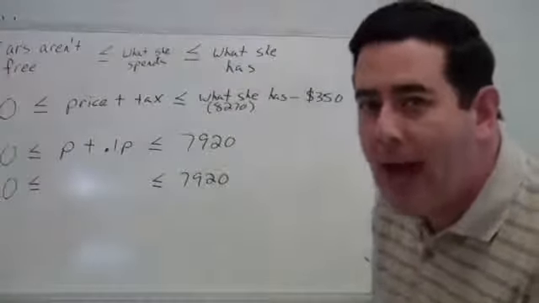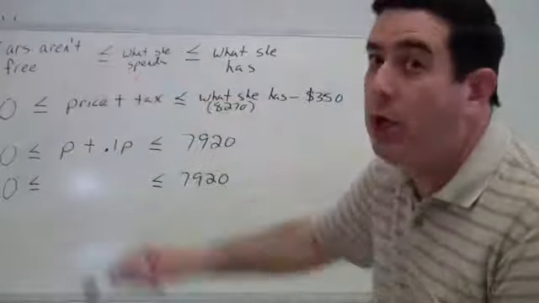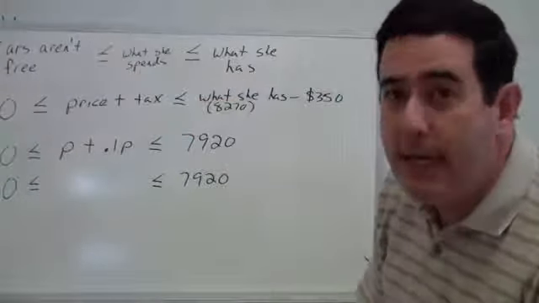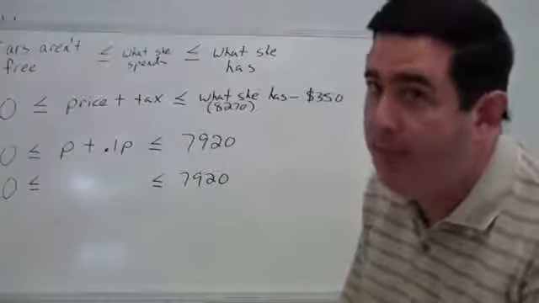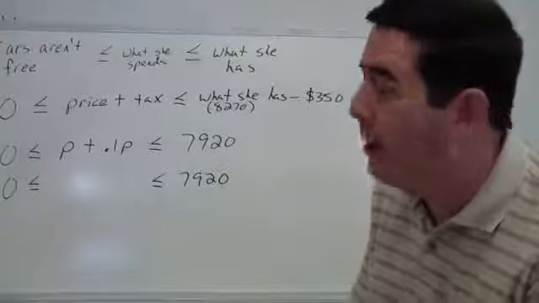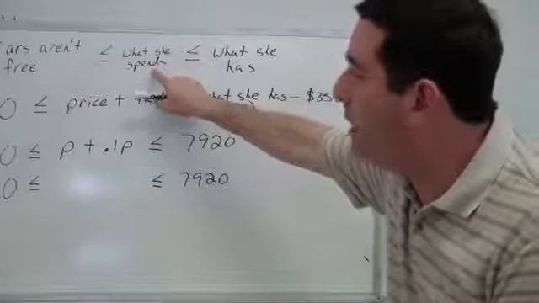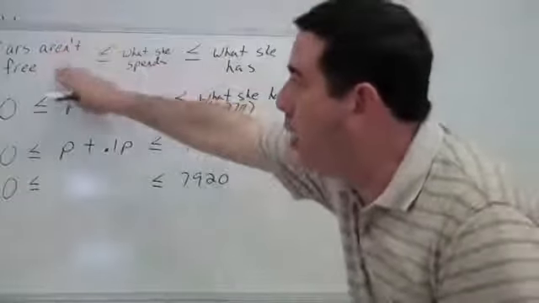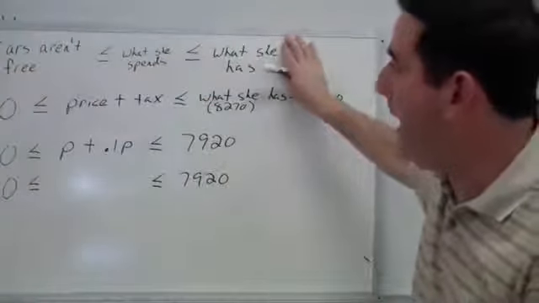Let's think about how to solve this problem. First off, we know that cars aren't free. They're not going to pay you to take it, so the lowest it could be is 0, and it's not going to be 0. What she actually spends will fall somewhere between cars aren't free and the maximum amount that she has.